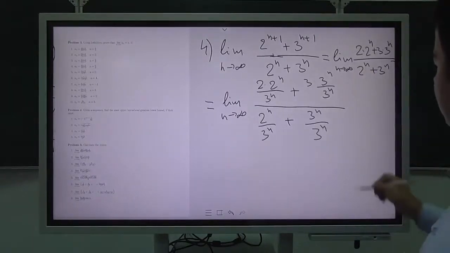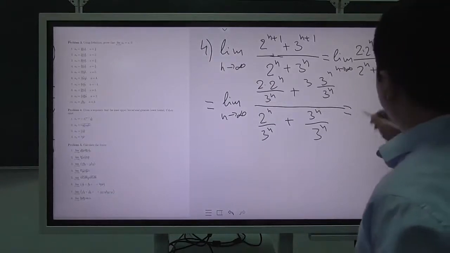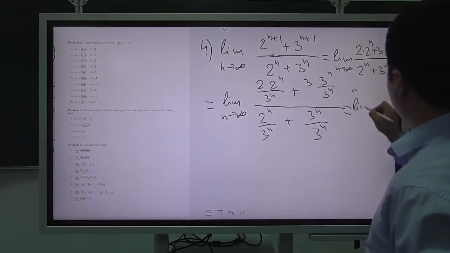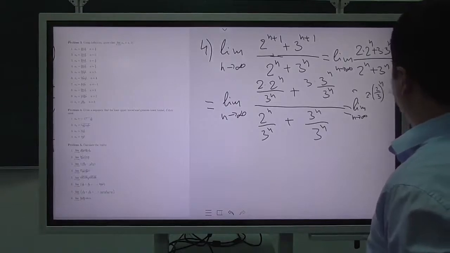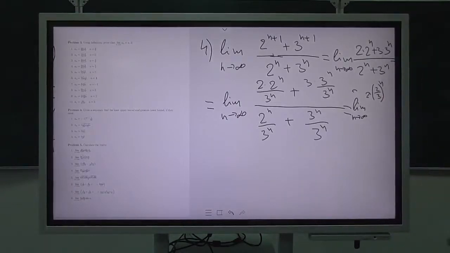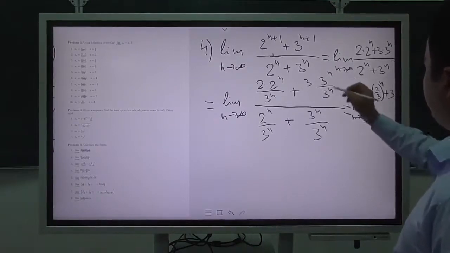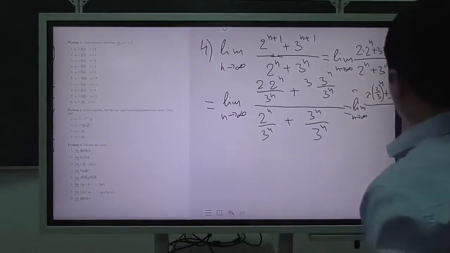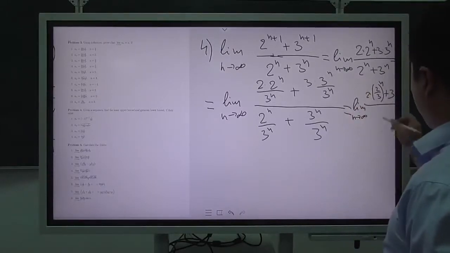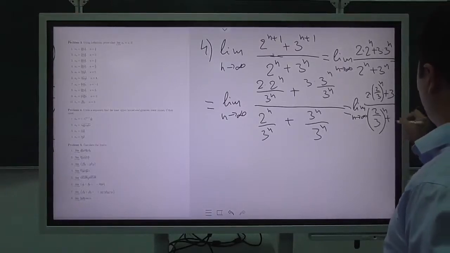Okay, now what we have here? It is the limit of 2 times 2 thirds to the power of n plus 3, because 3 to the power of n and 3 to the power of n cancel, n is a natural number. The denominator is also 2 over 3 to the power of n plus 1.